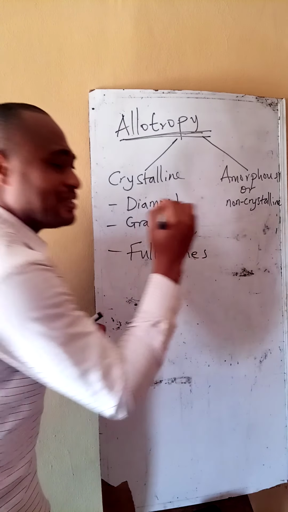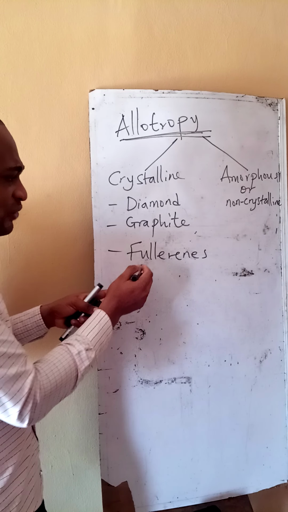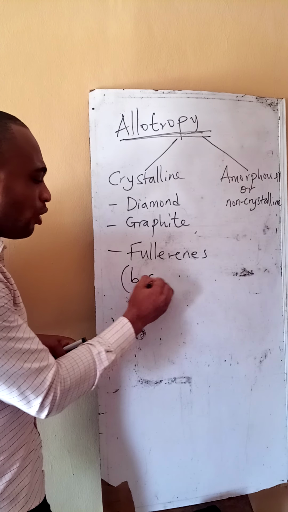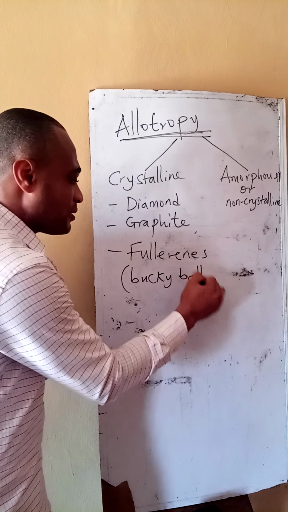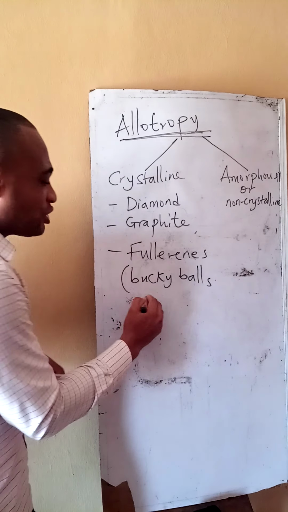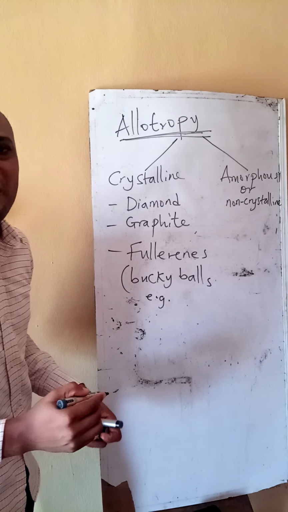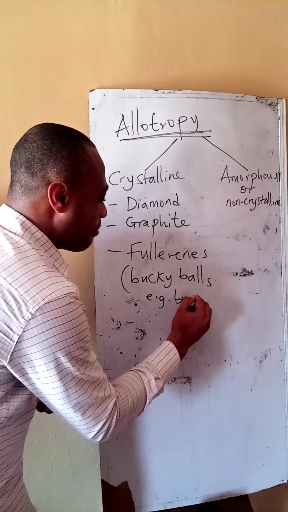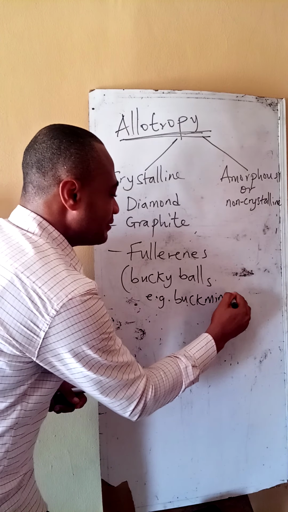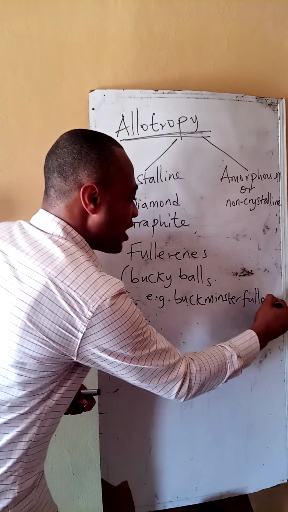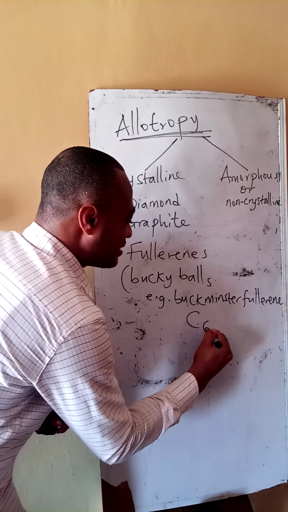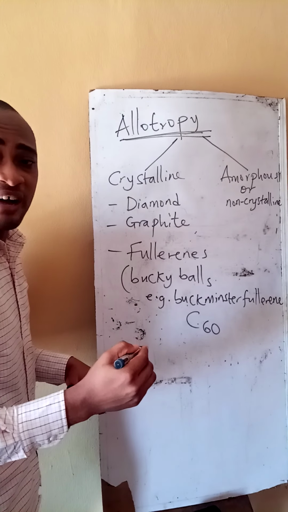The fullerenes. You know the fullerenes, we also call it the buckyballs. And a major example of this is the buckminsterfullerene, where you have your carbon atom, carbon 60, your buckminsterfullerene.